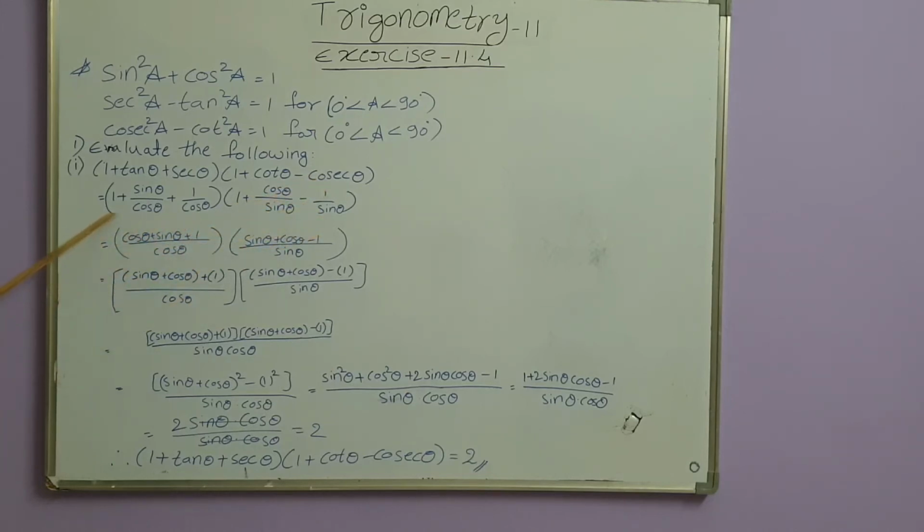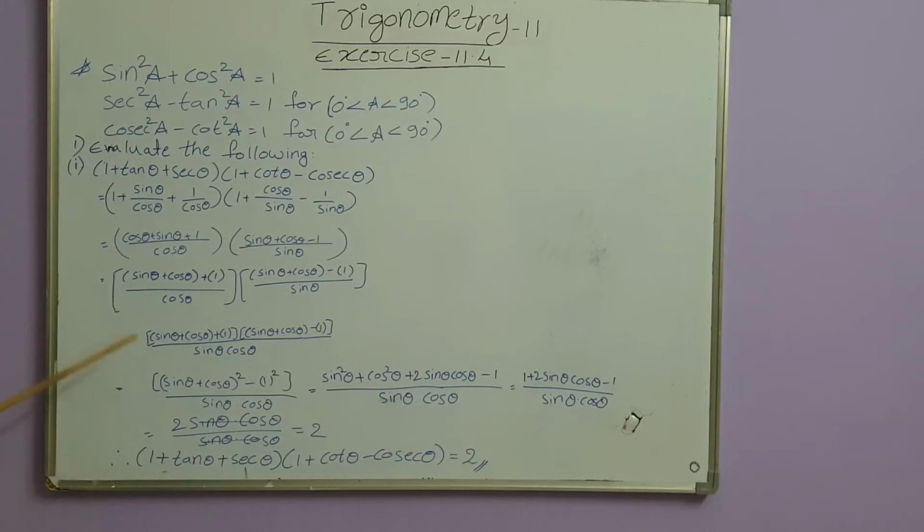Here take LCM cos theta: cos theta multiplied with 1, so cos theta plus sin theta plus 1 by cos theta. Here take LCM sin theta: sin theta multiplied with 1, so sin theta plus cos theta minus 1 by sin theta.